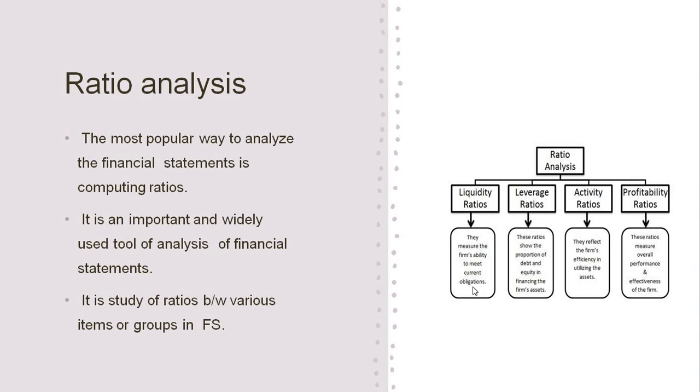There are ratios like inventory turnover ratio, stock ratio, and fixed asset turnover ratio. So the firm's efficiency in utilizing the assets will always be known in activity ratio. That's also an important classification of ratio analysis.